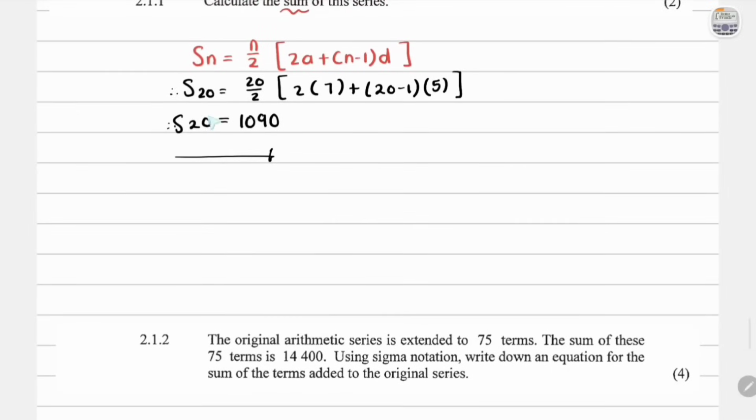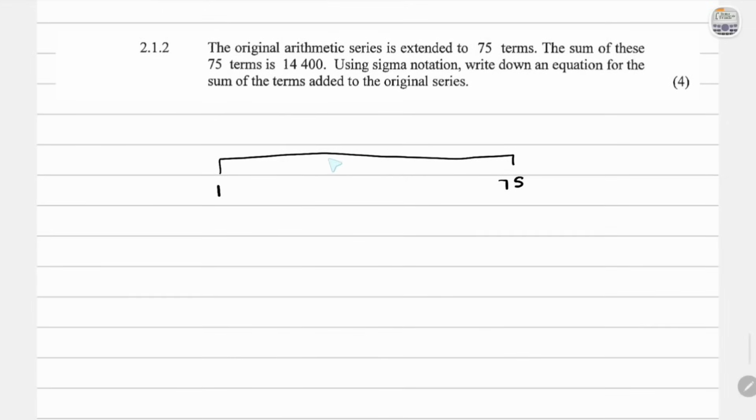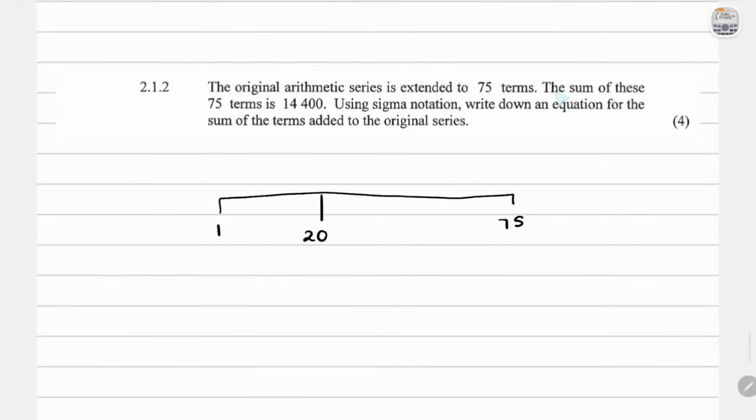So they are considering the fact that we know about this one, the one that only has 20 terms. So if we had the sum of 20 terms, we already know that. And they're saying this one extends to 75 terms. And the sum of these 75 terms is 14,400. So when you sum it up together, it gives you 14,400.